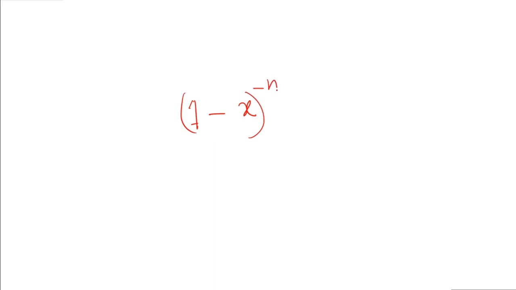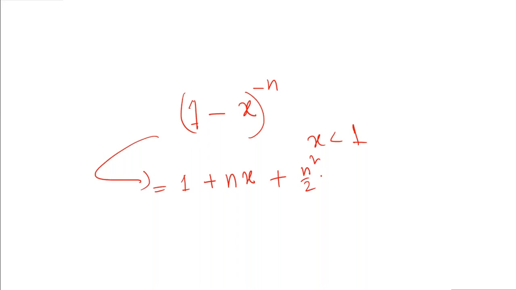What will be the series? First a 1 will be there, then plus n x, then again n square by 2 x square, like that it will go.